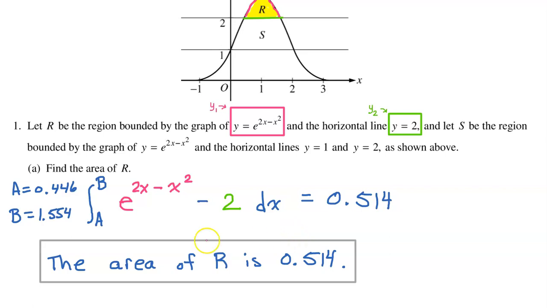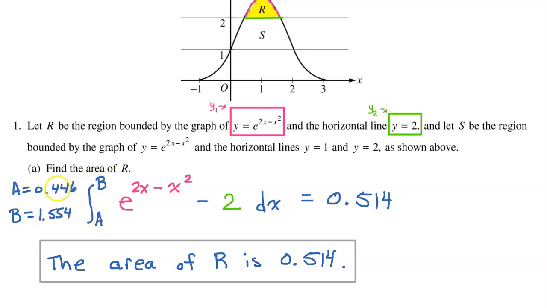On the AP exam, you should always write your answer as a sentence. So the area of R is 0.514. By the way, you have to write down A equals 0.446 and B equals 1.554 if you want to use this notation and then refer back to it as A and B. Don't just put A and B without saying what they were.